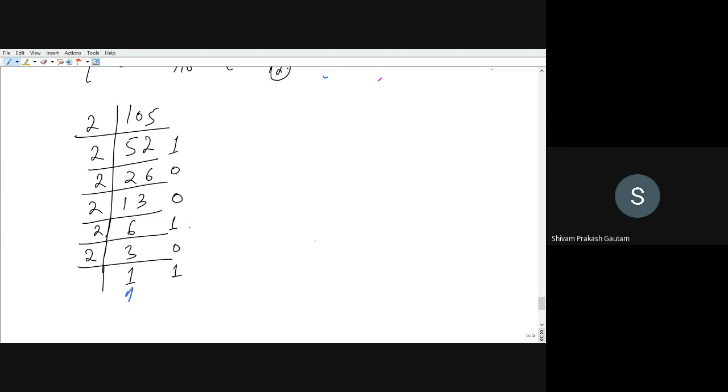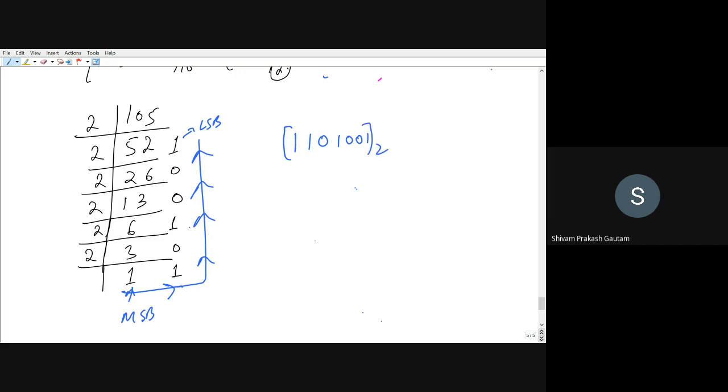And this will be your MSB, and this will be your LSB, and you have to follow this way. So let me write it down: 1 1 0 1 0 0 1. This is how we have converted 105 into binary.